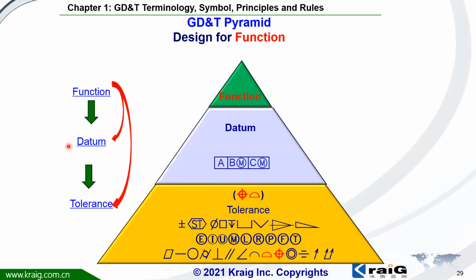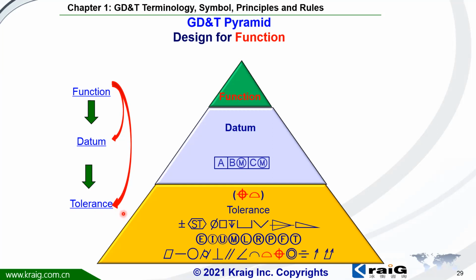Step number 2, we specify the datum based on the function or assembly requirements. Step number 3, we specify the tolerance to the parts. This tolerance means 4 types of tolerance. As we mentioned before: size, form, orientation, and location.